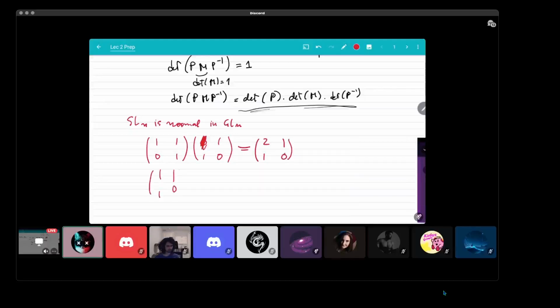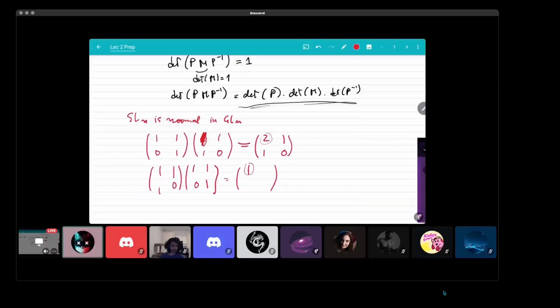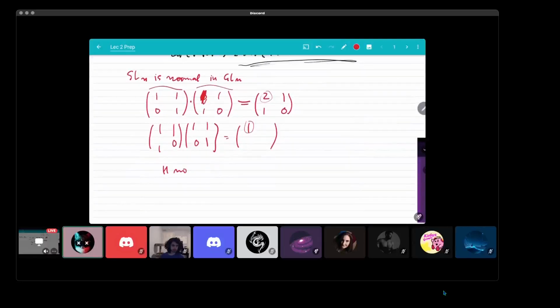The other way around would give us something different. Okay, so they don't commute. It's already not the same with the first coefficient. So this times this is not equal to the other way around. So H normal does not mean that H is abelian.